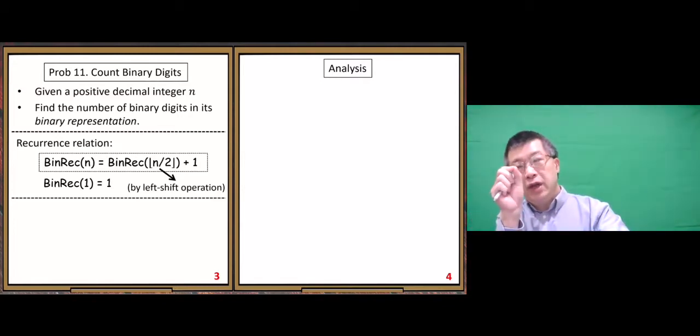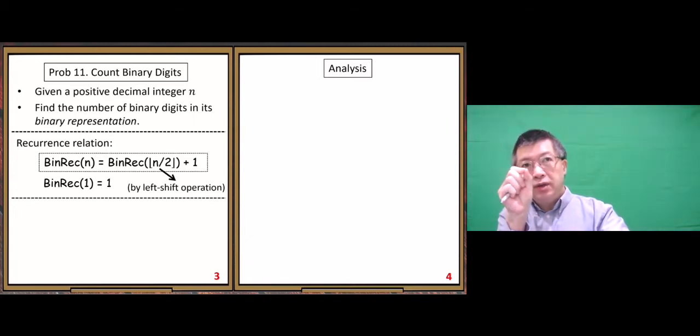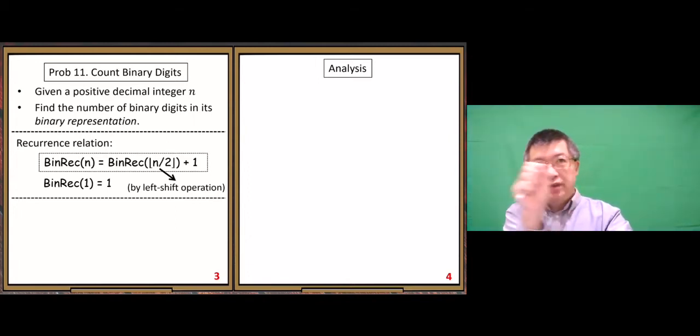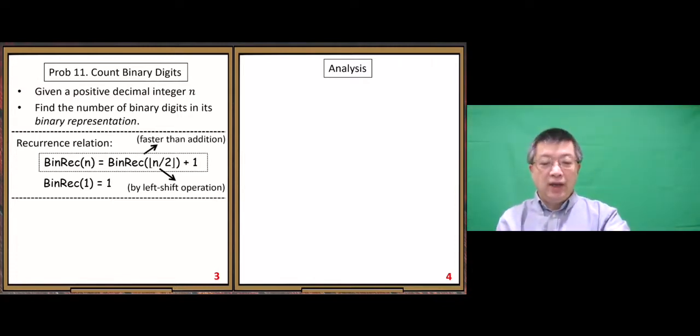You shift the decimal point 1 position to the left. And for the computer's internal implementation, that operation is very fast. Shift position, so fast.